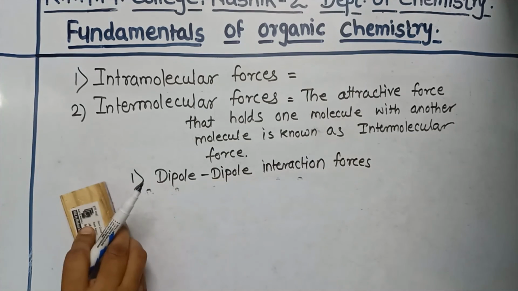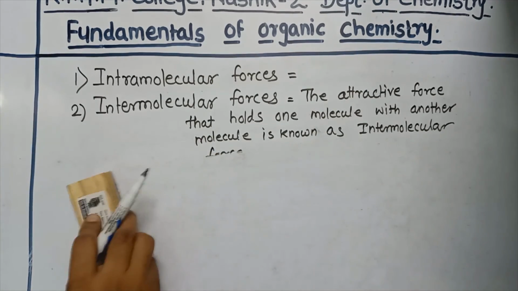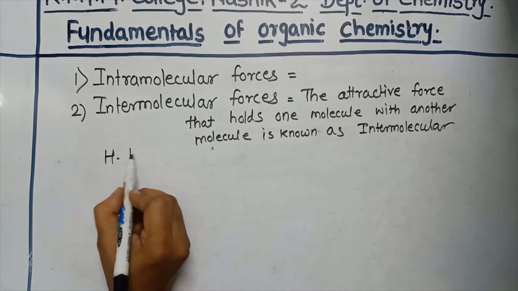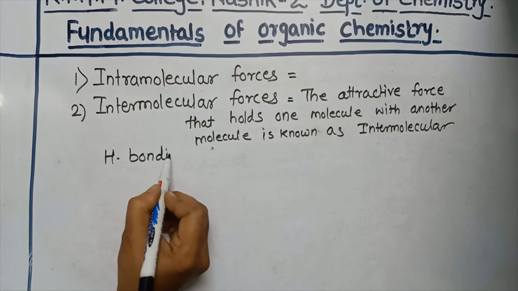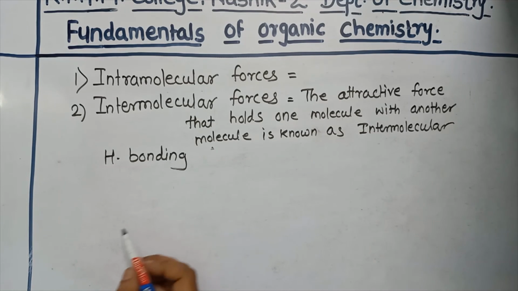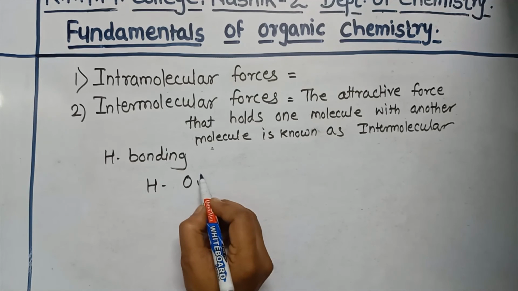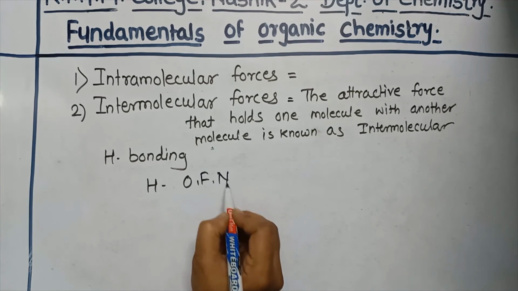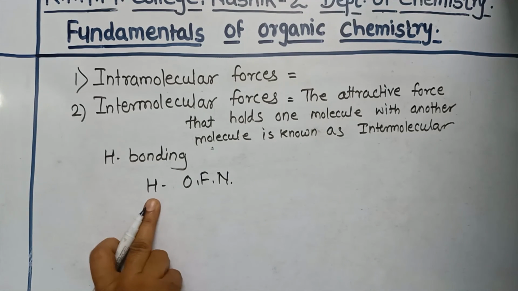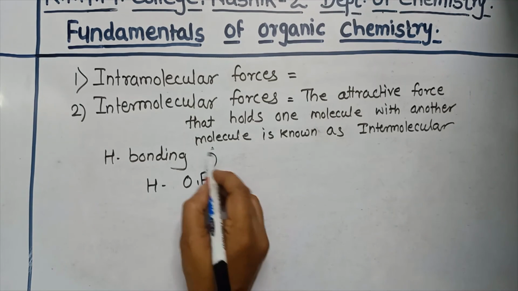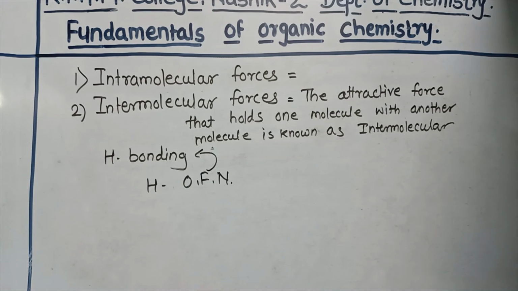Then we see the next concept, hydrogen bonding. Hydrogen bonding is mostly present in compounds containing oxygen, fluorine and nitrogen. Hydrogen forms a bond with oxygen, fluorine and nitrogen; such bonding is called hydrogen bonding. Suppose we consider the example of a water molecule.